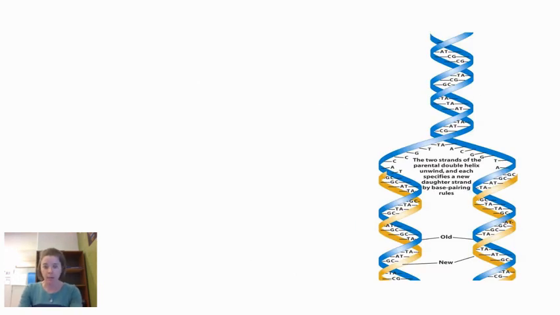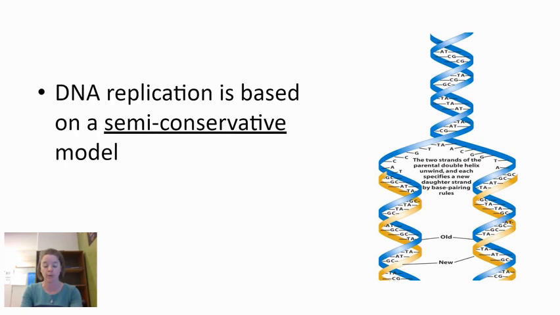DNA replicates using this model over here. It starts off with a beautiful blue piece of DNA, and then we're going to rip that blue piece of DNA apart, and you can see it winding into yellow pieces. It is known as the semi-conservative model for replication. So we're going to take half of your DNA, and it is going to be an original copy.